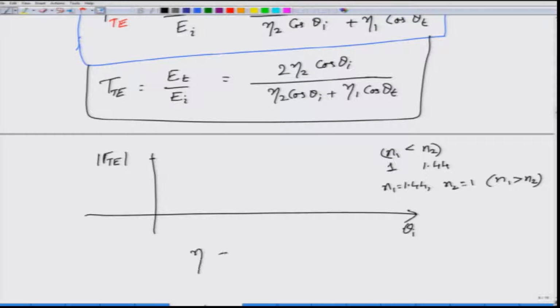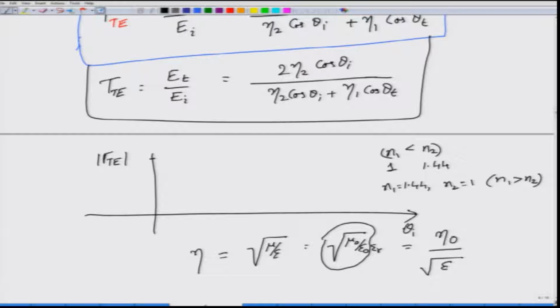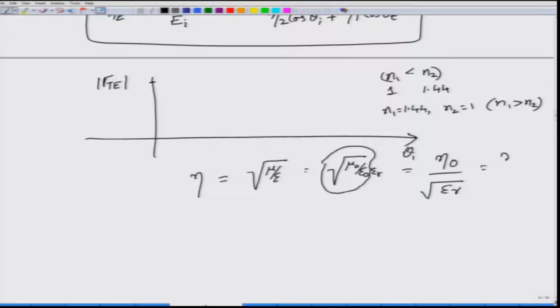Your impedance eta is given by square root of mu by epsilon, but this can be written as square root of mu 0 by epsilon 0 epsilon r, and this further can be simplified by denoting the square root of mu 0 by epsilon 0 as eta 0. So, you get eta 0 divided by square root of epsilon r, which is equal to the impedance in free space divided by refractive index n.